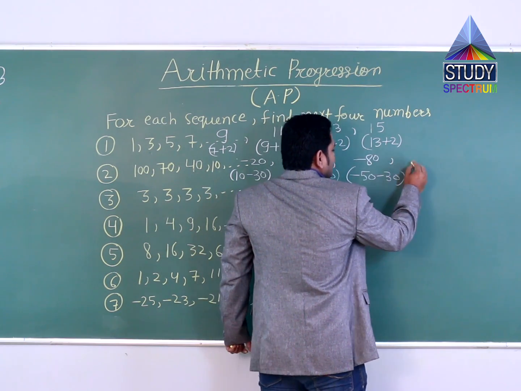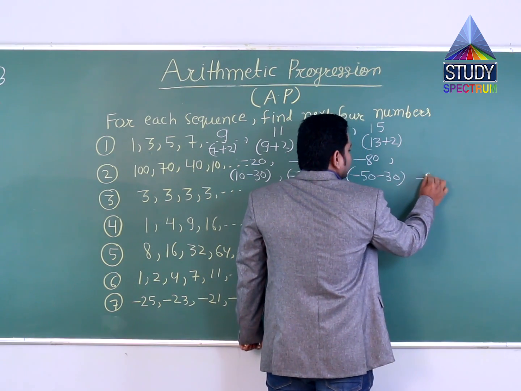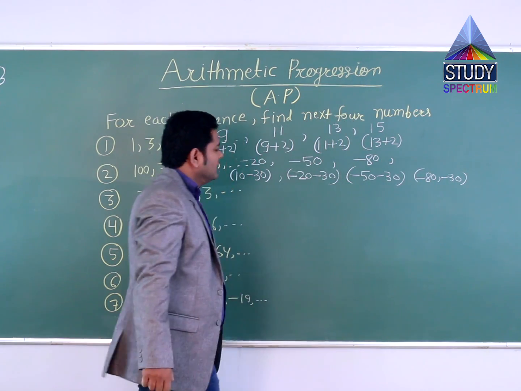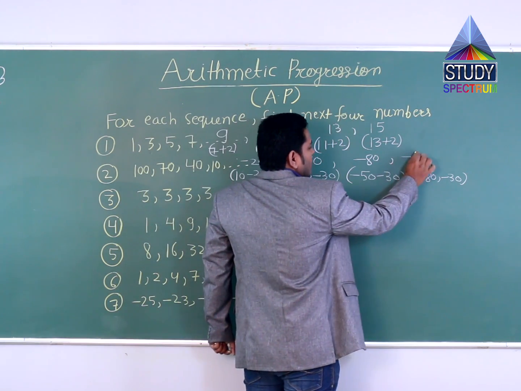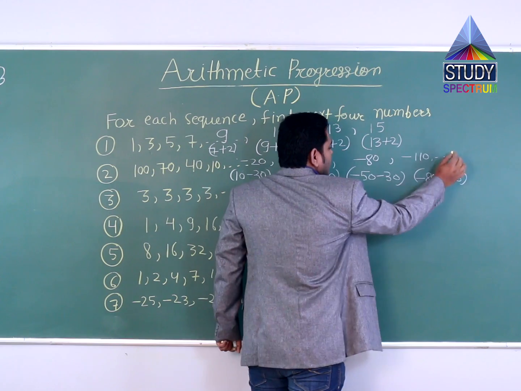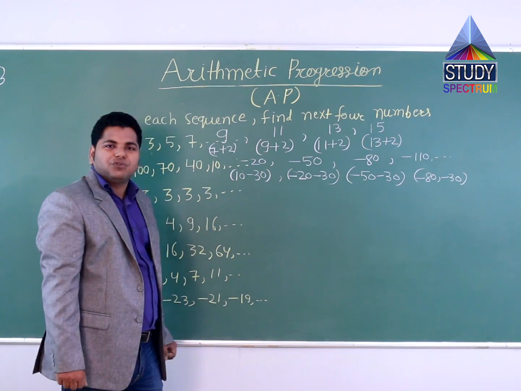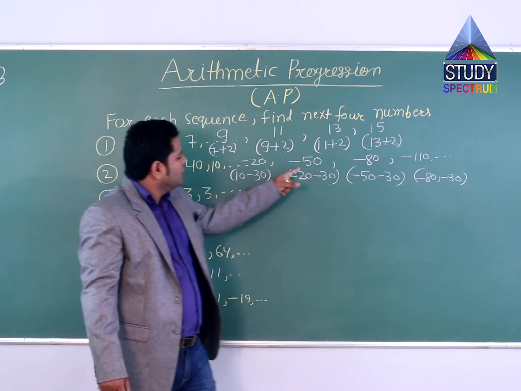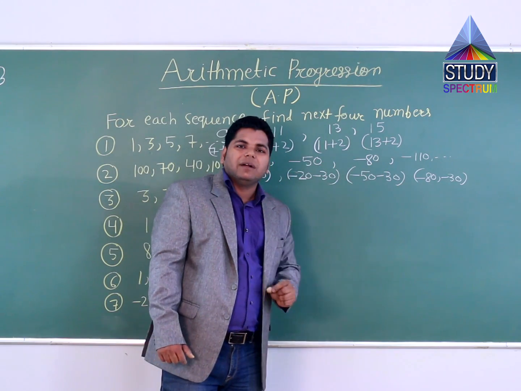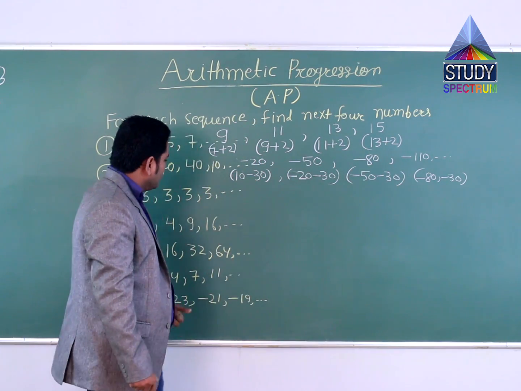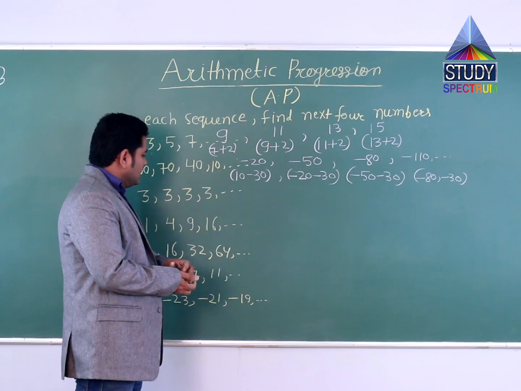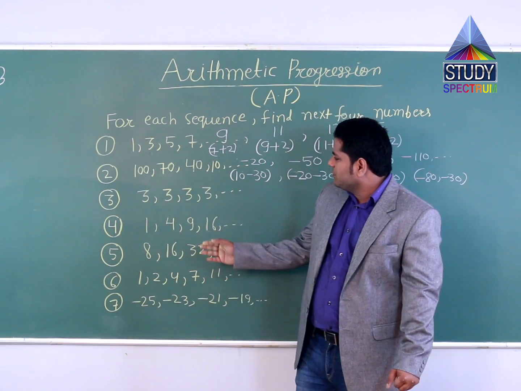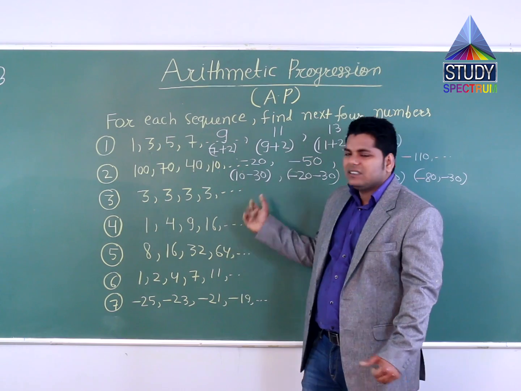Now the next number will be minus 80 minus 30, so it will be minus 110. In this question we have to guess only the next 4 numbers, so we have done with it. Okay, now start with the third question, and in the third question each number is 3, 3, 3, 3 dot dot dot.